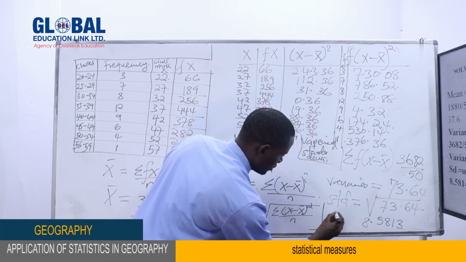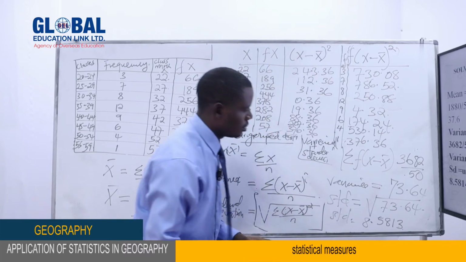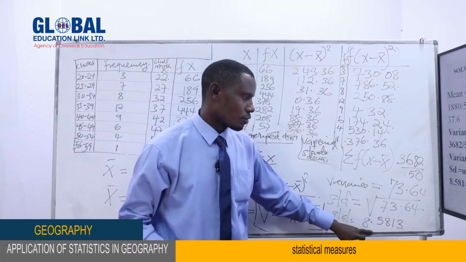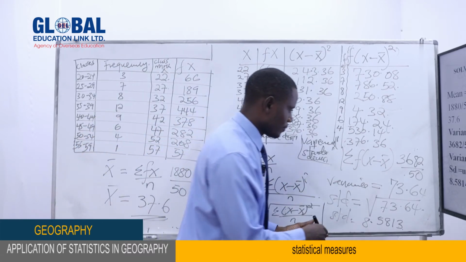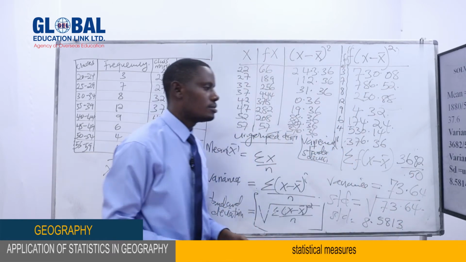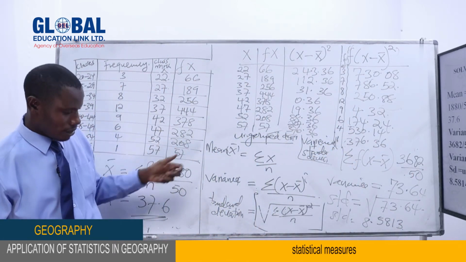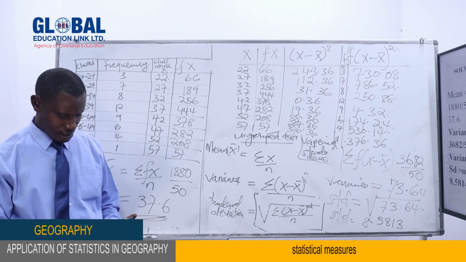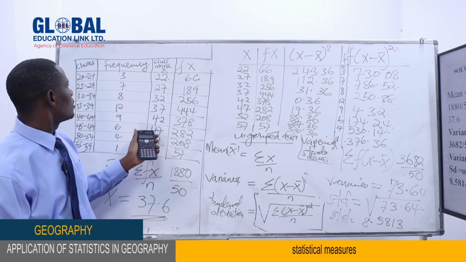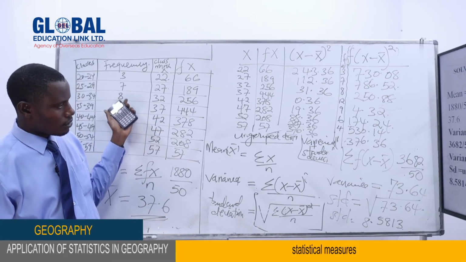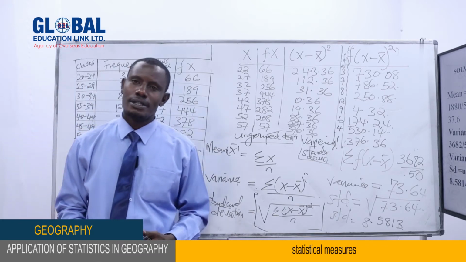So this is the standard deviation. Then the variance is 73.6. So that's how you can solve question number 2, where you have been given data already in a frequency table, and you are supposed to find the variance plus the standard deviation.